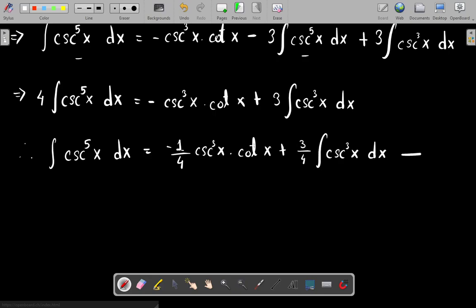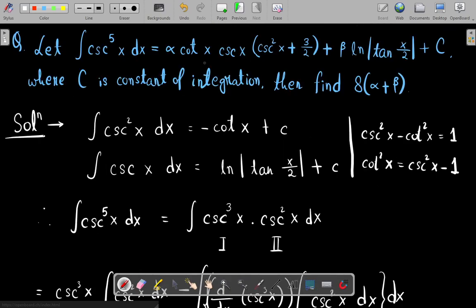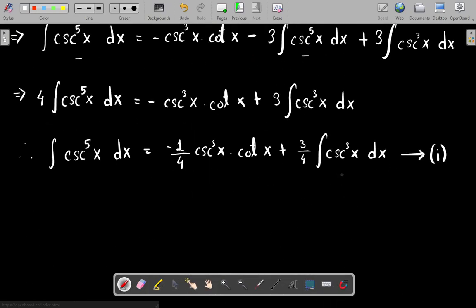Let us write this as equation 1. We are not completed yet, since the integration was to be of this form. So now let us find the integration of cosec cube x dx.